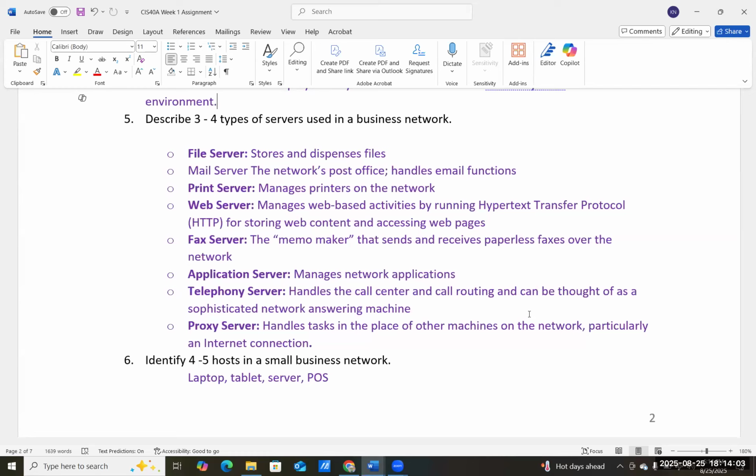So these are just the roles that you can initiate or configure for your system to provide a specific service. And then your application server. So an application server works like this. You have a system that manages all the applications you want to use in your company, down to the browser. Let's say that I don't want you to use Edge or Bing, right?